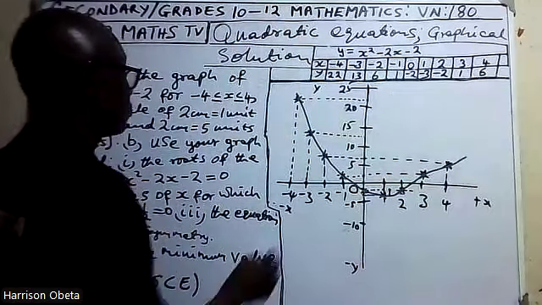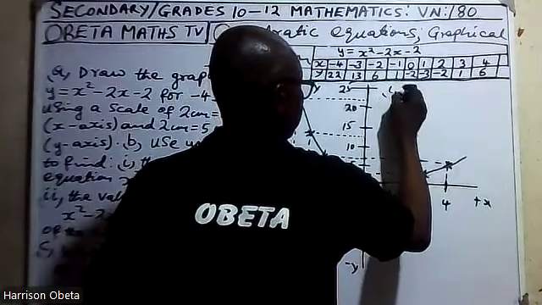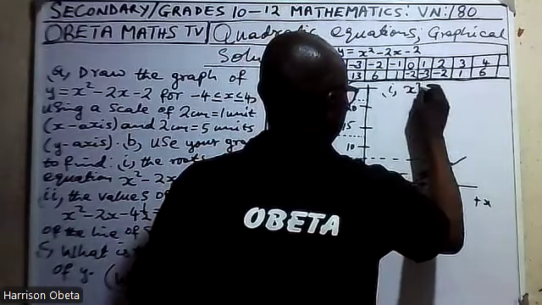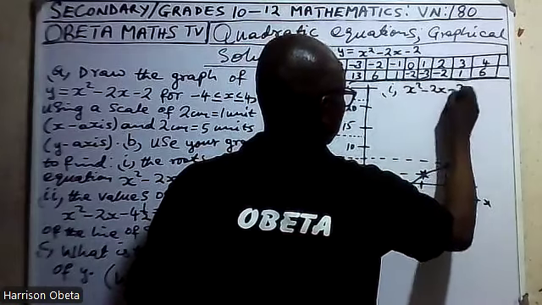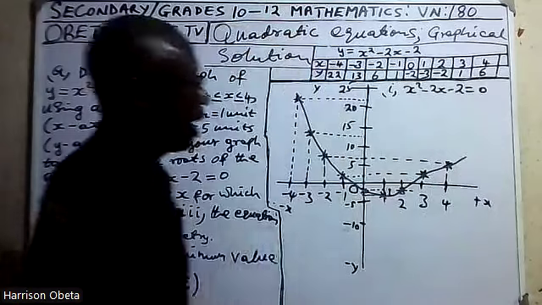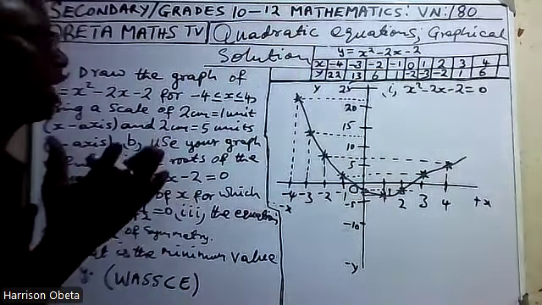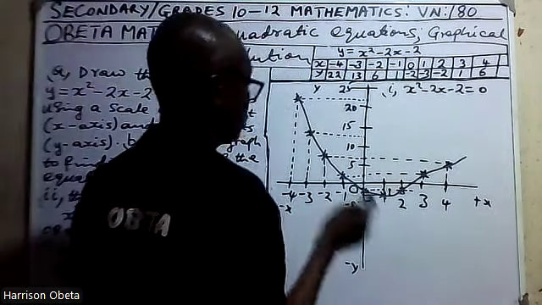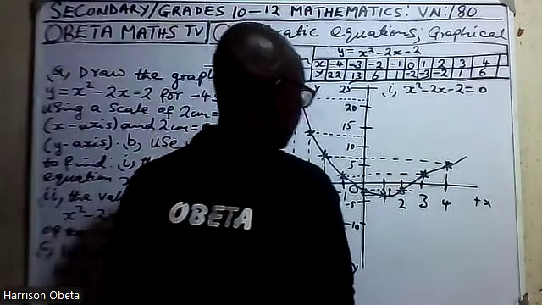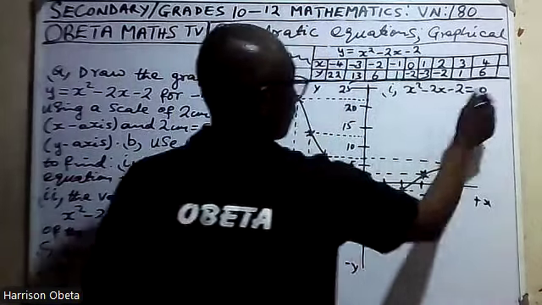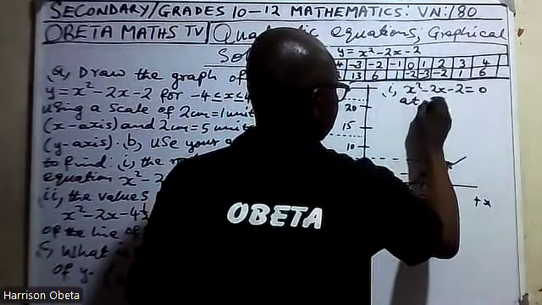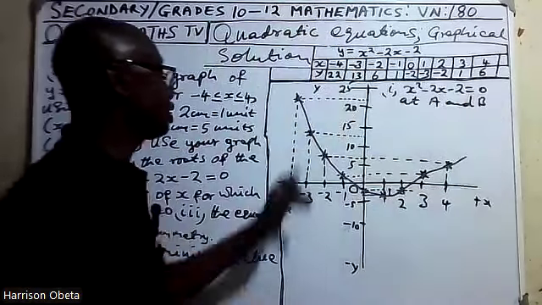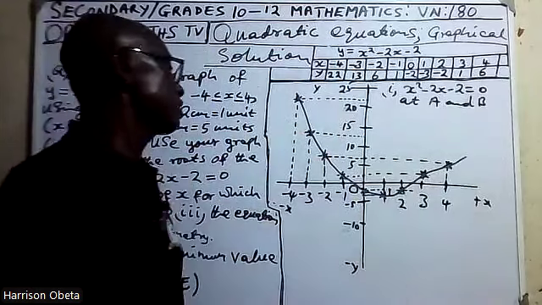So let's move on. Question 1, that is x squared minus 2x minus 2 equal to 0. Whatever is on the right hand side is referring to the value of y. So remember I said y is 0 on the x-axis. So this is equal to 0 at A and B, and that is where the curve cuts the x-axis.